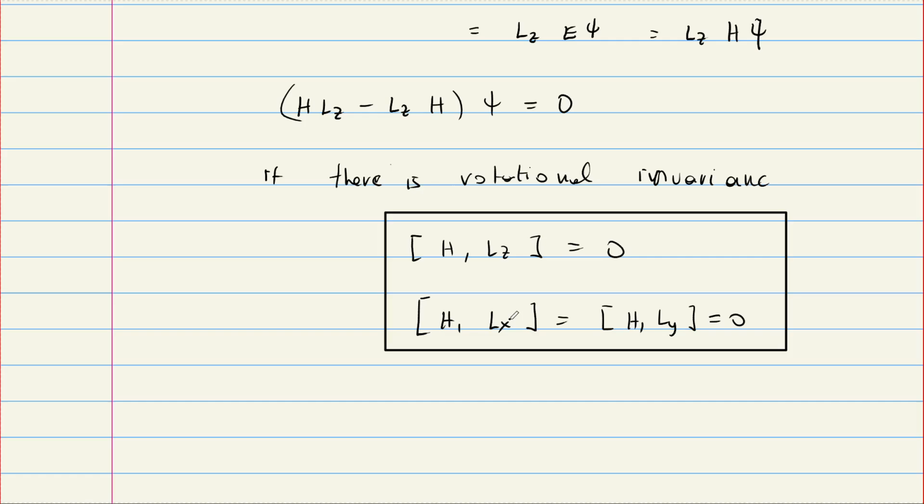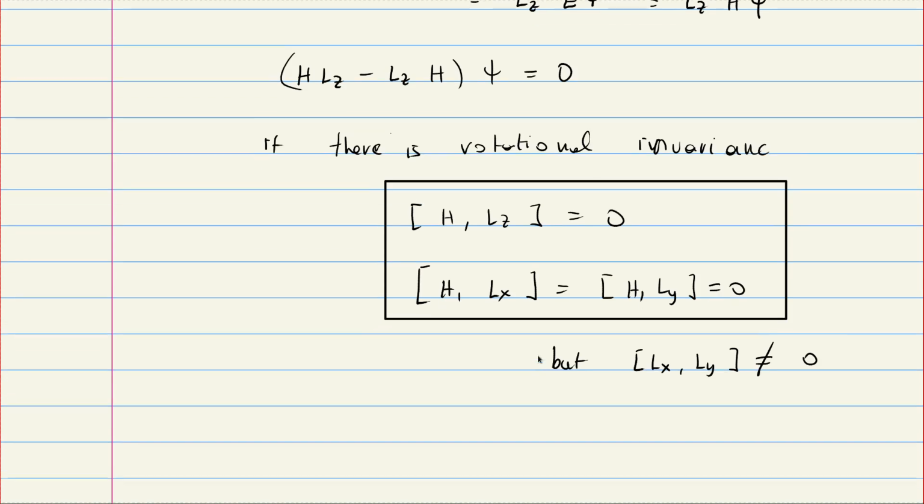So Lx, Ly, and Lz commute with the Hamiltonian, but they don't commute with each other, right? That's an important detail. So, but [Lx, Ly] is not equal to 0. So that's not a necessary condition.